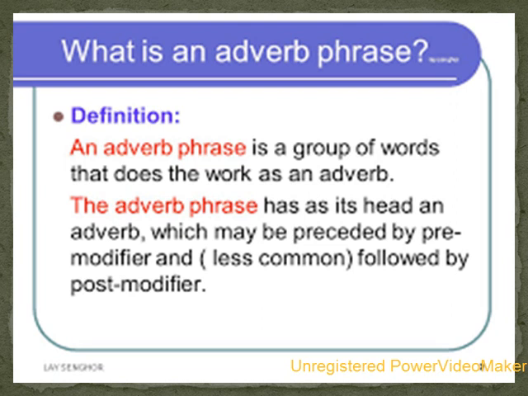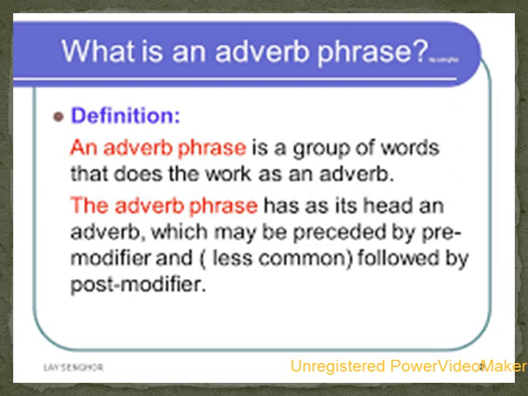Just as an adverb can modify a verb, adjective or another adverb, an adverb phrase of more than one word can further describe a verb, adverb or adjective. Basically, adverb phrases answer the questions how, where, why, or when something was done, as you can see in some of the examples.